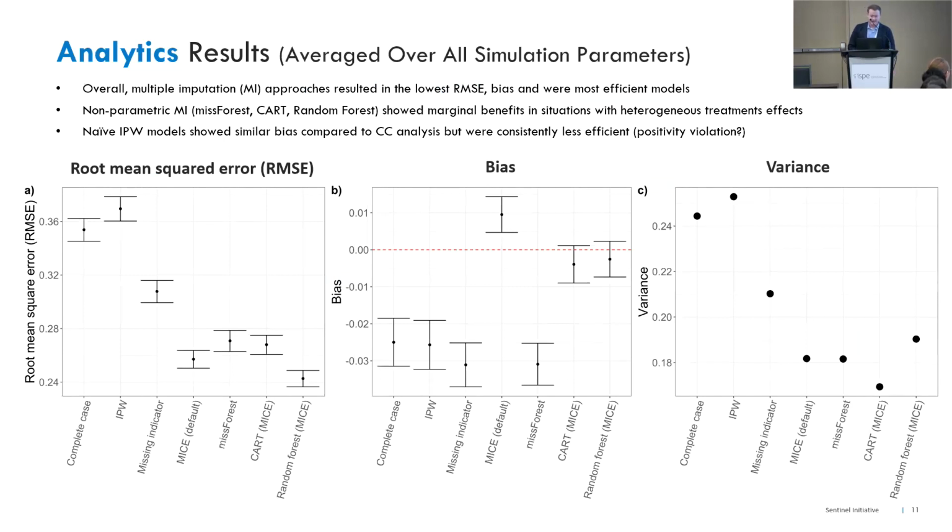In terms of the analytic results, overall, we found that multiple imputation approaches resulted in the lowest root mean squared error and bias and were the most efficient models. We also saw marginal benefits for non-parametric multiple imputation models like classification and regression trees or random forest imputation models in situations with simulated heterogeneous treatment effects.